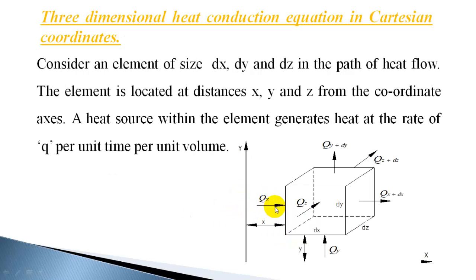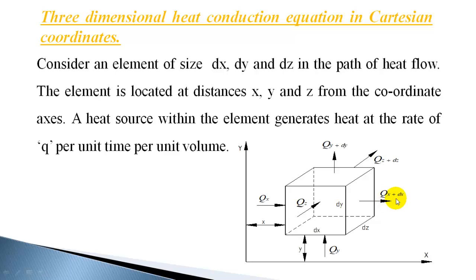So here qx and qx plus dx. You can write this quantity in terms of the incoming quantity plus the rate at which it is changing in the x direction, into a distance, and that will give the change. So qx plus that change will give the quantity at the right end.